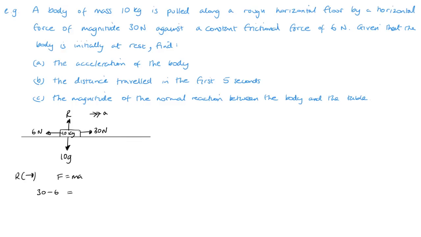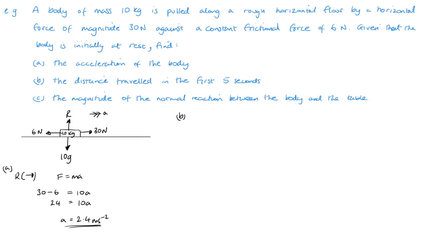And that's going to be equal to 10a. So 30 minus 6 is 24. Therefore, a is 2.4 meters per second squared. So that is part a done.